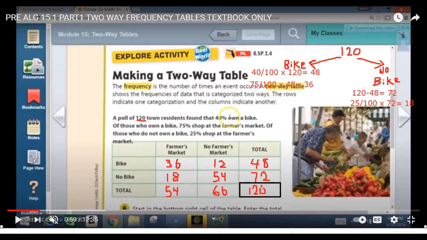Then, as I told you, to be sure that you answered the question correctly, you have to add the vertical column and the horizontal row. Okay? We want to solve this question like this.